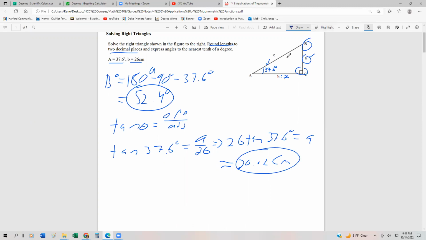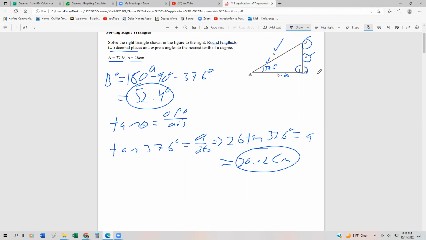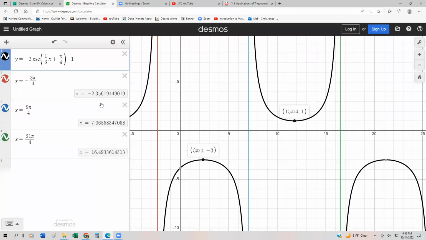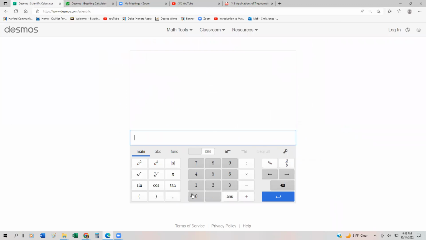And then finally, to figure out C, we could just use our Pythagorean theorem. So that's going to be C squared equals A squared, which we found to be 20.02 squared, plus 26 squared. In our calculator, we take 20.02, square it, and to that we add 26 squared, and hit enter.